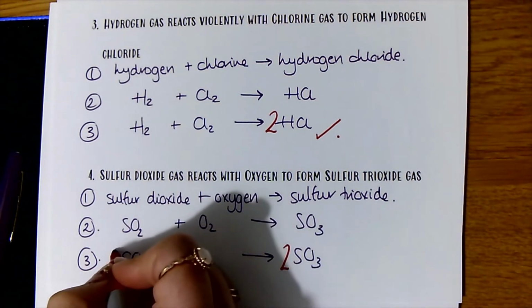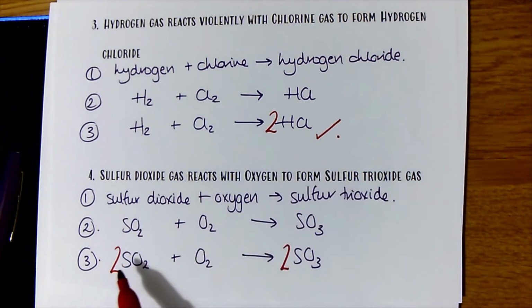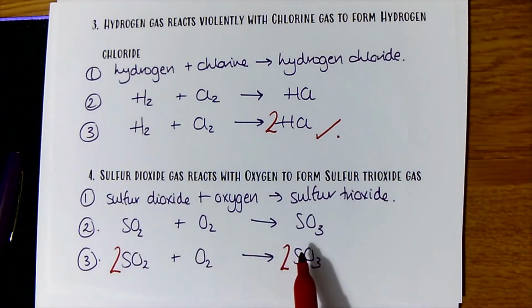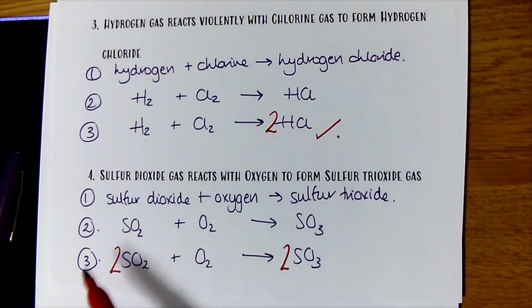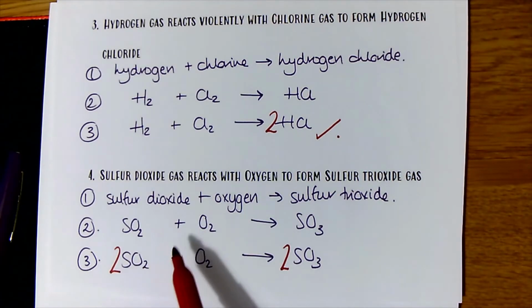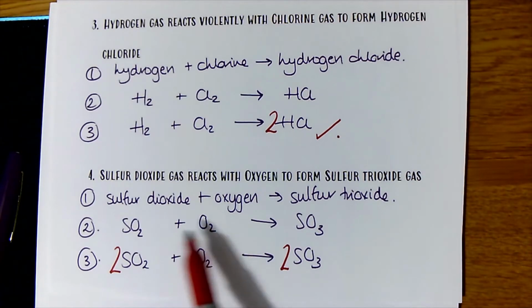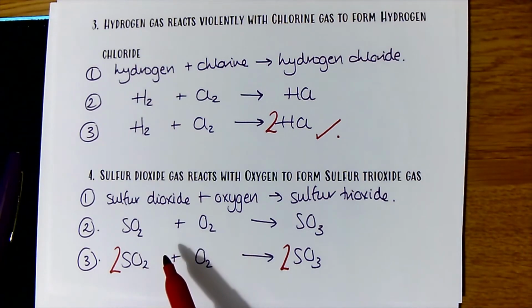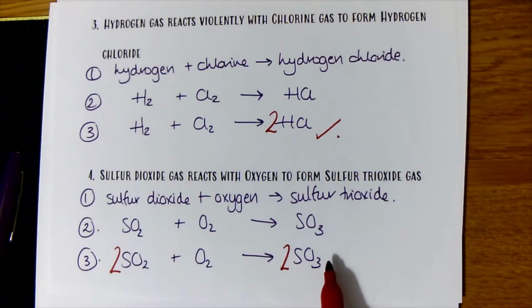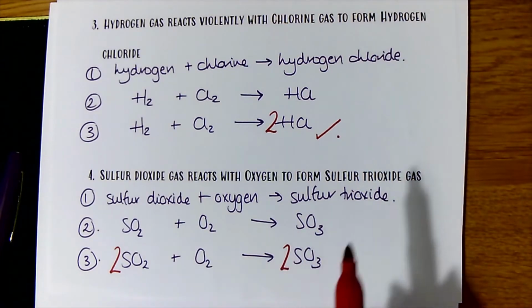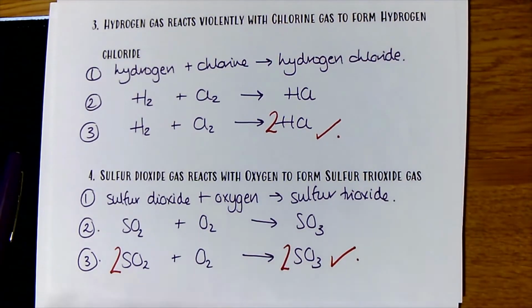So let's put a 2 here. Now I have 2 sulfurs here and 2 sulfurs there, so that's balanced. I have 2 times 2, so 4 oxygens here, plus an extra 2 oxygens. So I've got 6 oxygens on my reactant side. And now I've got 2 times 3 equals 6 oxygens on my product side. So this is balanced.